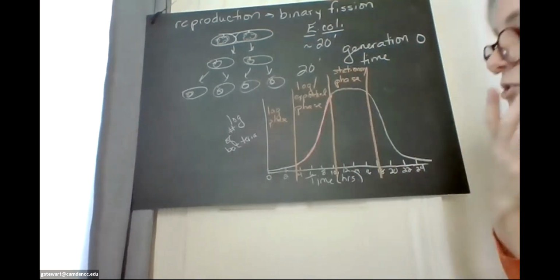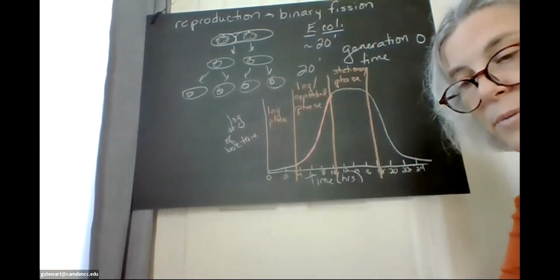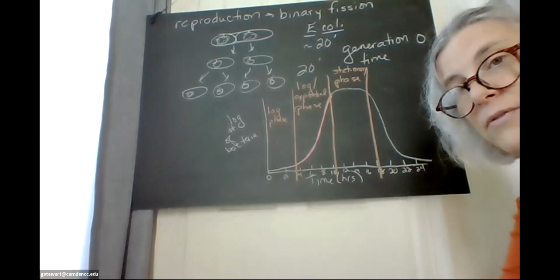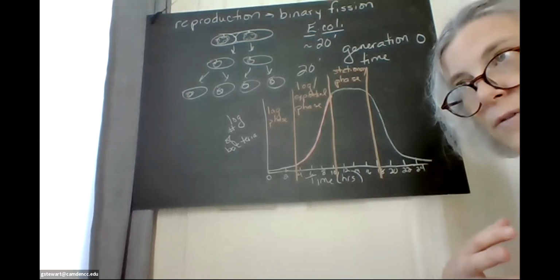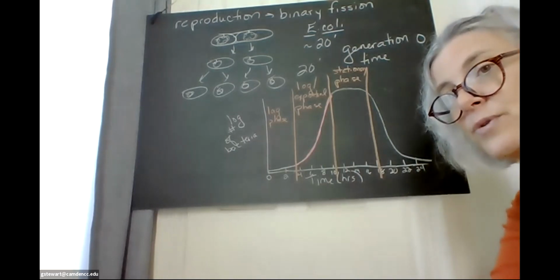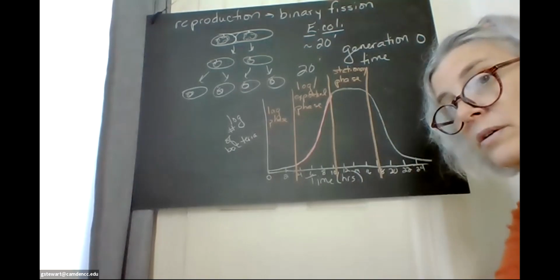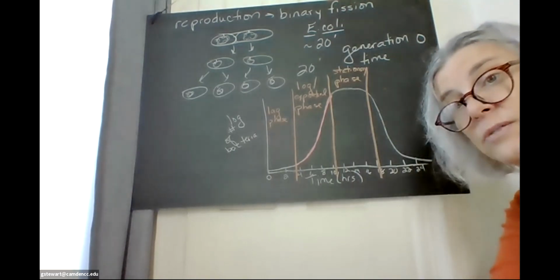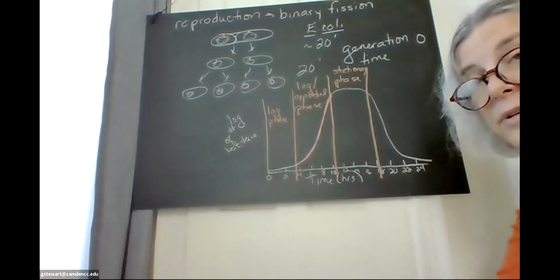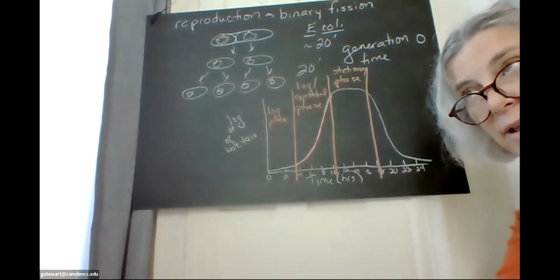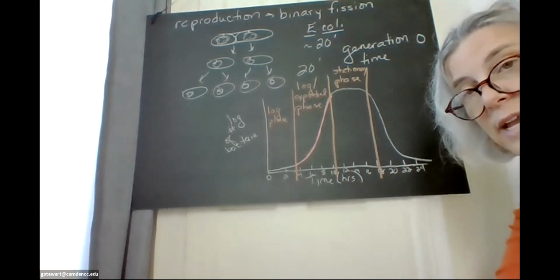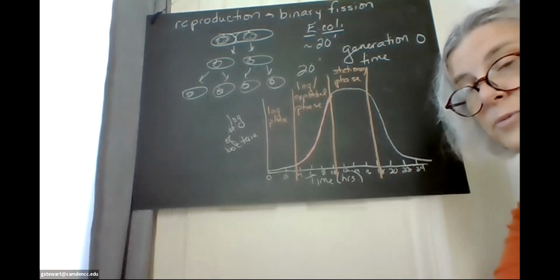Usually we say during the stationary phase, bacteria start to accumulate a lot of waste products in the solution. And if we don't siphon off the media and provide them with fresh food, the pH is going to change dramatically. The amount of free water might decrease. The amount of oxygen might decrease, and carbon dioxide might increase if it's an aerobic bacteria or a facultative anaerobe doing cellular respiration.